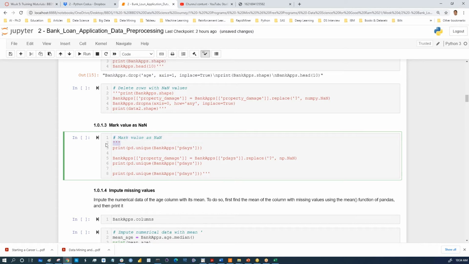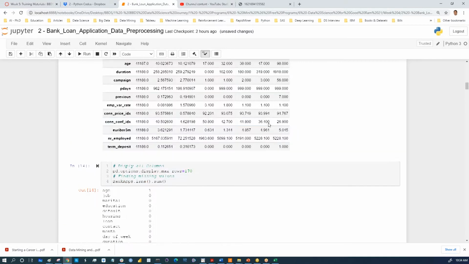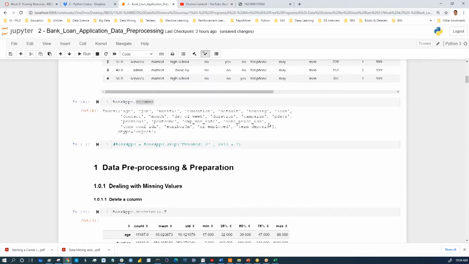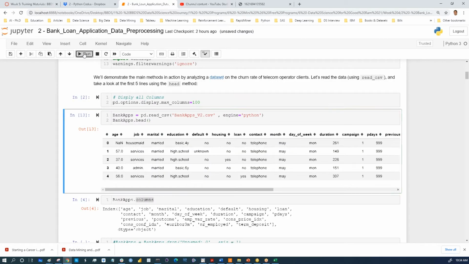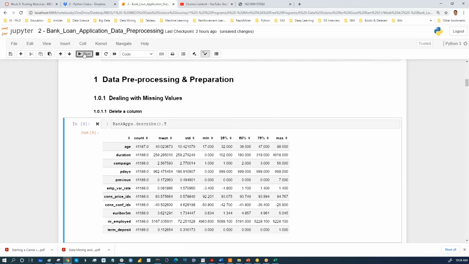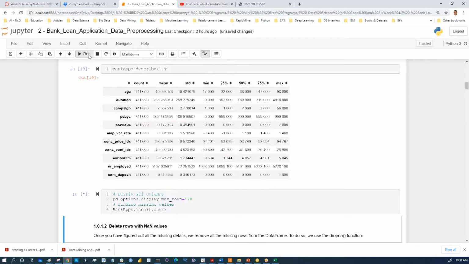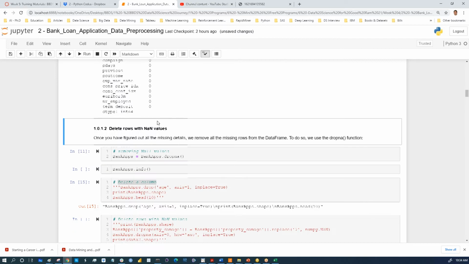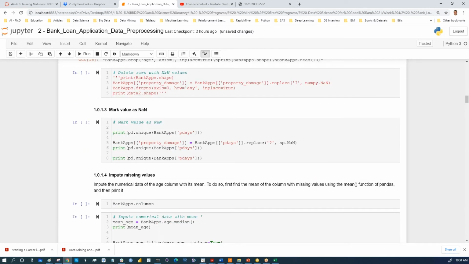Okay, so I'm going to read my data one more time. We still have one NA element in there. I'm not going to drop it. And now I am going to print out the unique values of this variable pdays, previous days.